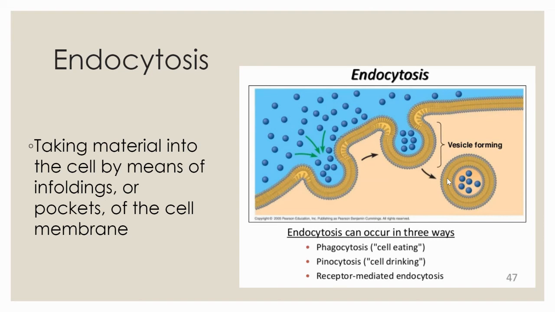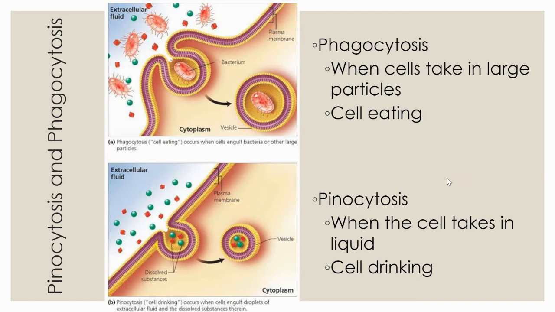It's kind of interesting. There's several different types, and the types we're going to talk about are phagocytosis, which is cell eating, eating larger molecules, and pinocytosis, which is taking in small molecules or liquid molecules. So here's the difference between pinocytosis and phagocytosis.